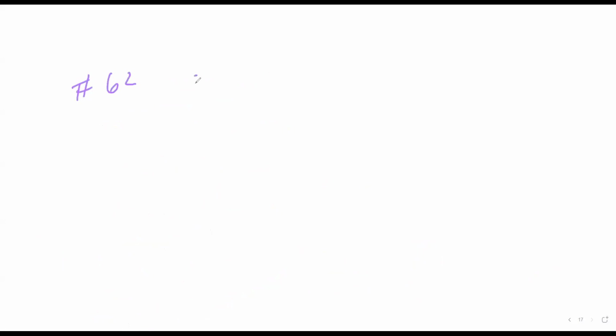So 62, we get secant squared minus 2 tangent x equals 4. Again, I want to use those Pythagorean identities, which we get from 8.1. The one I'm looking at is tan squared x plus 1 equals secant squared x.